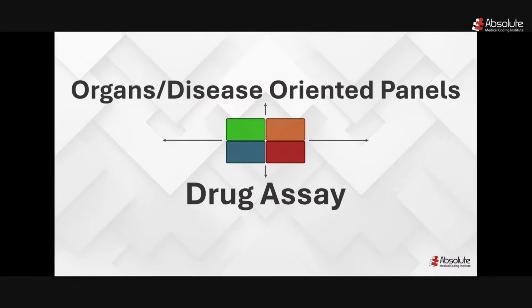Yes, today we are covering two important areas, that is organ and disease oriented panels, as well as drug assays. These topics come up a lot during your exams, and you'll see them often in real world coding as well. So stay tuned. Let's break them down step by step.